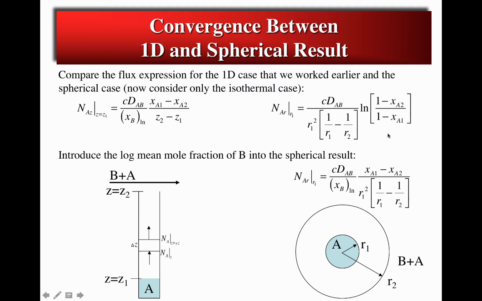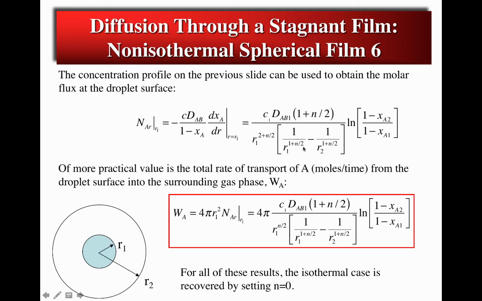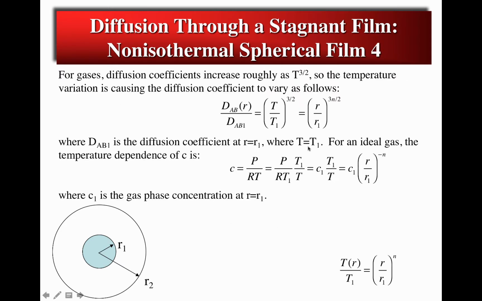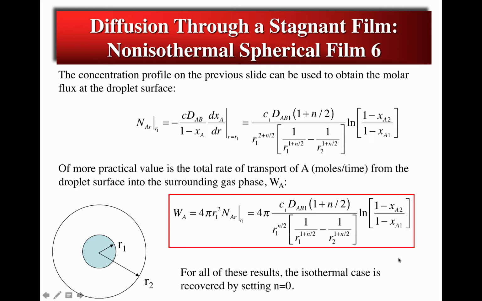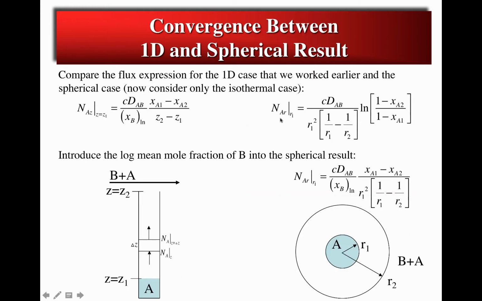So I'm going to use the isothermal result for the mass flux of A in the spherical case, and that's recovered just by setting N equal to 0 in this expression, because N was the exponent that told how fast temperature was changing radially. So when it's 0, you have the isothermal case. This is the flux at the liquid-gas interface in the Stefan tube. This is the radial flux at the liquid or solid-gas interface in the spherical case.